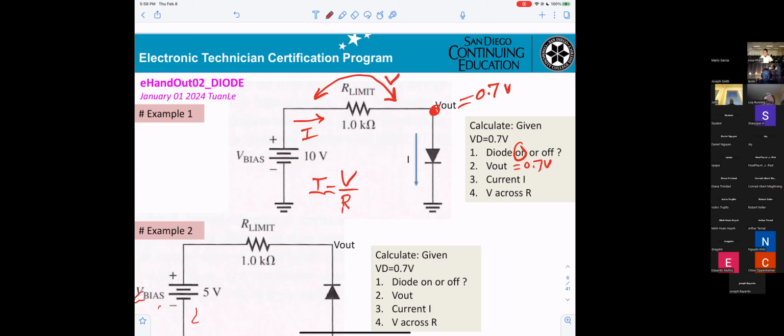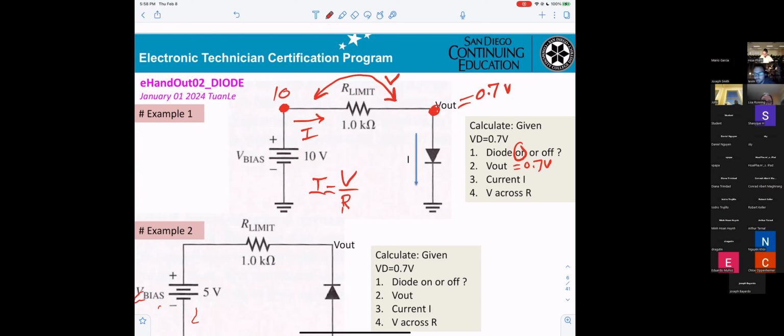One side here is 10 volts. This side, how many volts? We already calculated V out equals 0.7. The current is 10 minus 0.7 divided by 1K.